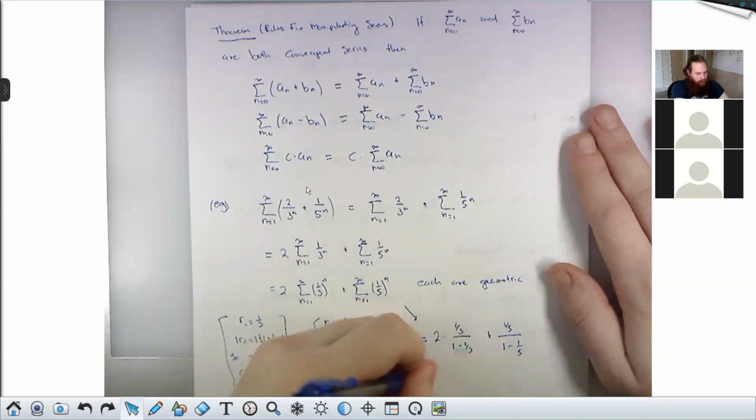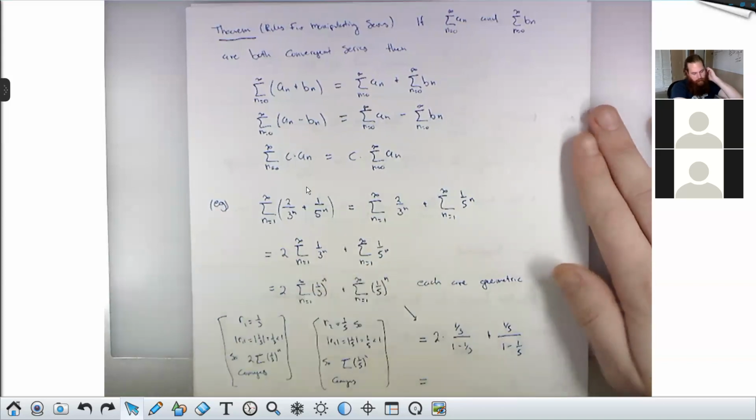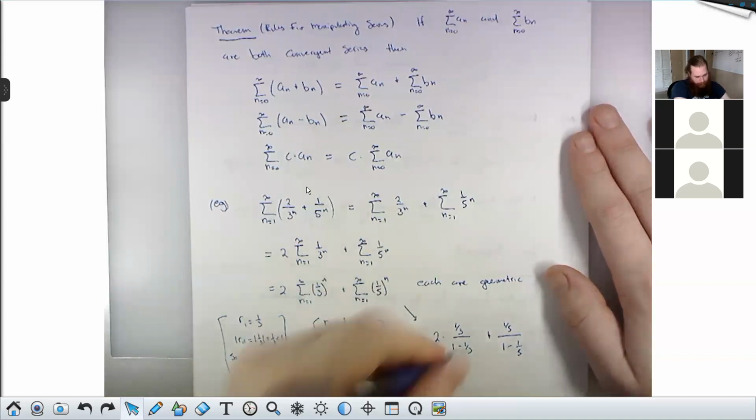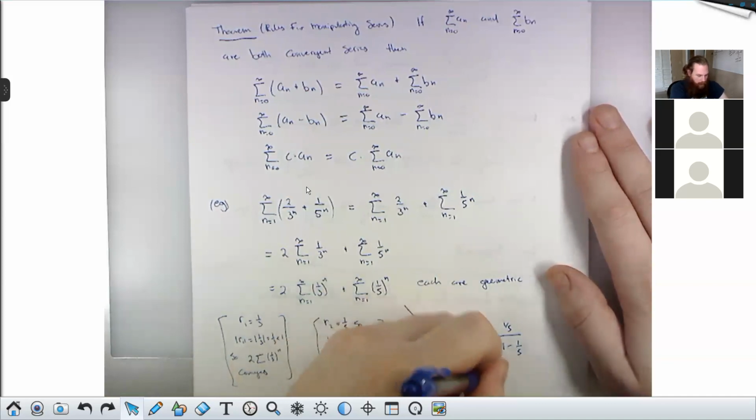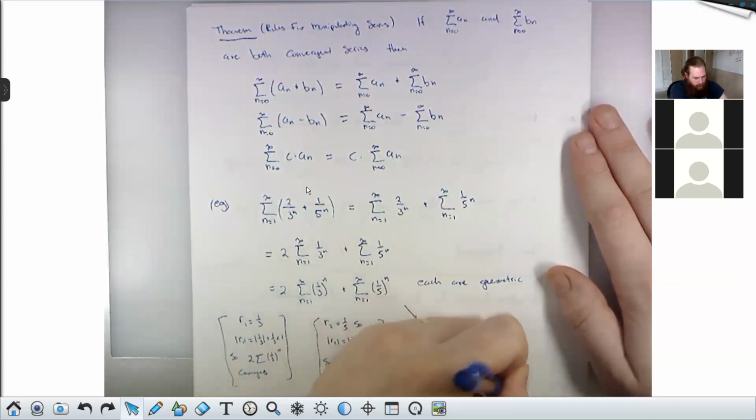So that's the value of the series. And then we just have to clean this up a little bit. 1 minus 1/3 is 2/3. And here 1 minus 1/5 is 4/5. So this is 1/5 over 4/5.